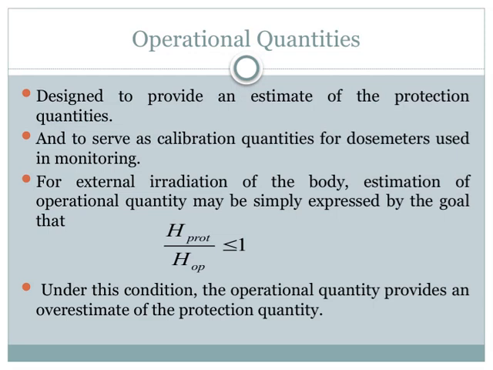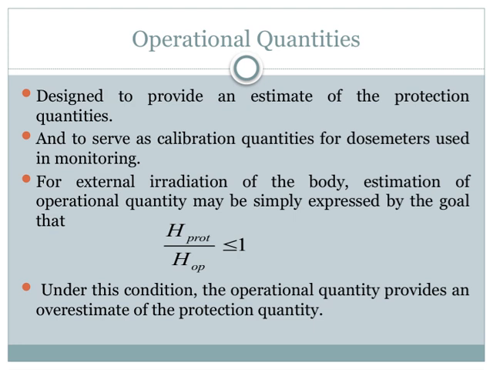This slide explains that the purpose of these operational quantities is primarily to give us an estimate of the protection quantities. They also serve as calibration standards for the dose meters we use in monitoring. When it comes to external irradiation of the body, we aim to estimate a value that safely reflects the dose. The key goal here is that the operational quantity should, under certain conditions, provide a conservative estimate.